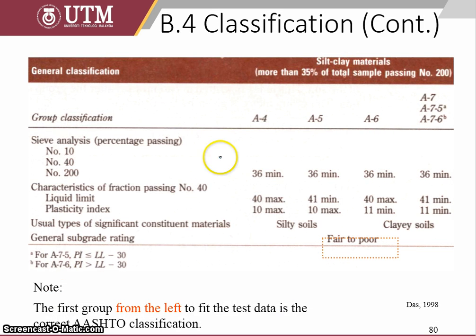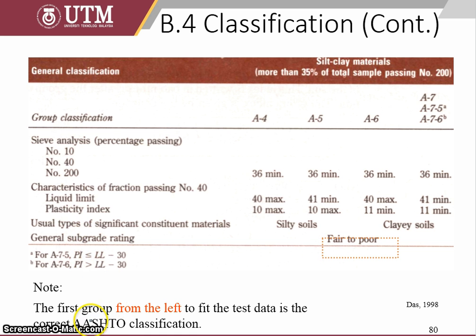The extension of the table is the silty clay materials, which have more than 35% of sample passing number 200, and they can be divided into A4, A5, A6 and A7, A75 or A76. And they usually have a fair to poor condition as a subgrade.